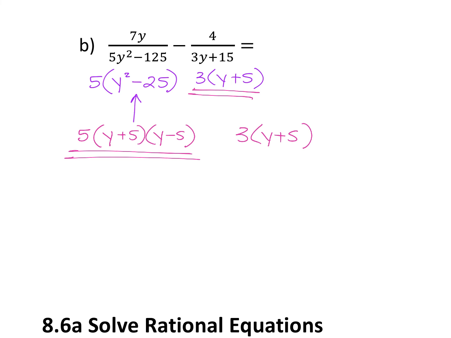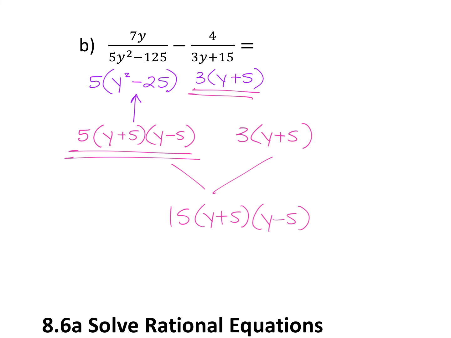What else? Y plus 5, y minus 5, okay? So if our common denominator from these two is 15, y plus 5, y minus 5, you got to think about what do I have to multiply both sides by to get there.